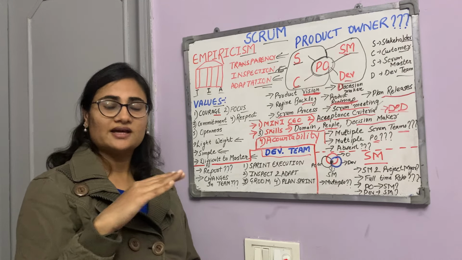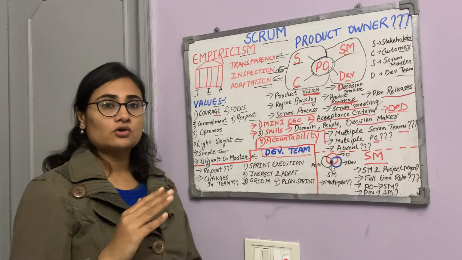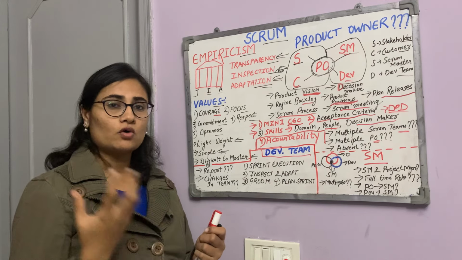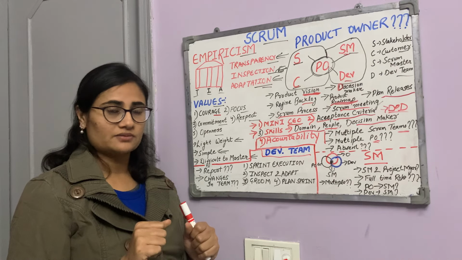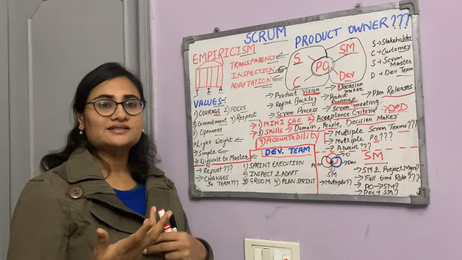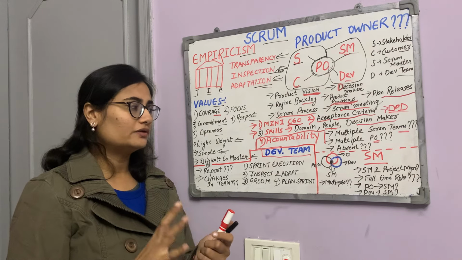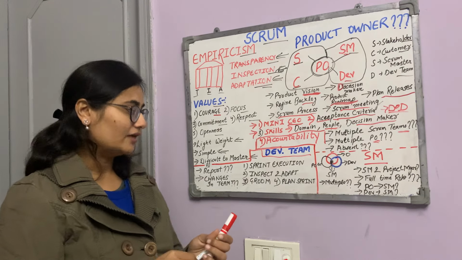So there are no hierarchies defined in Scrum. The team is cross-functional. If you want to go into the detail of it, you can watch our previous Agile videos. I will drop their link in the description box below.